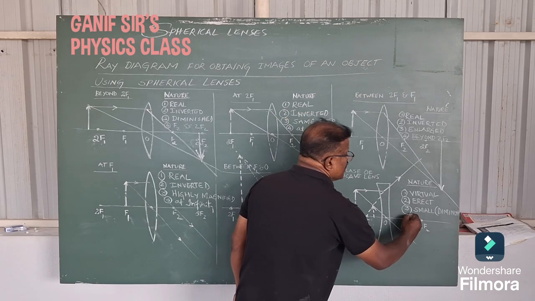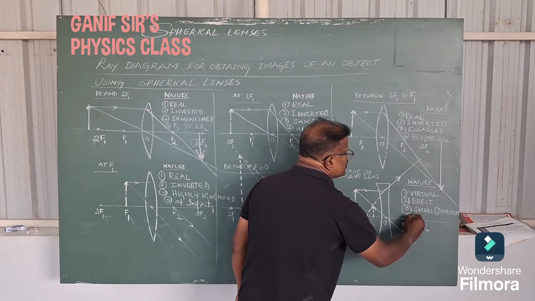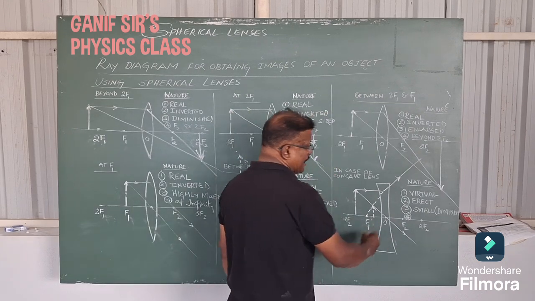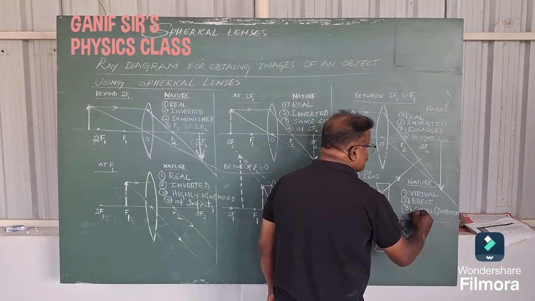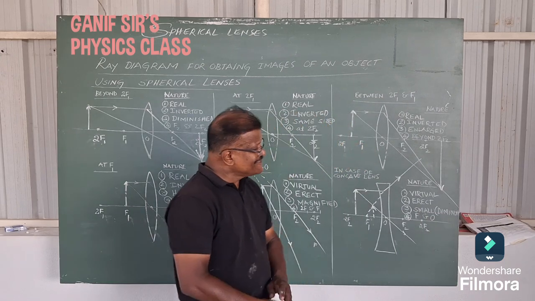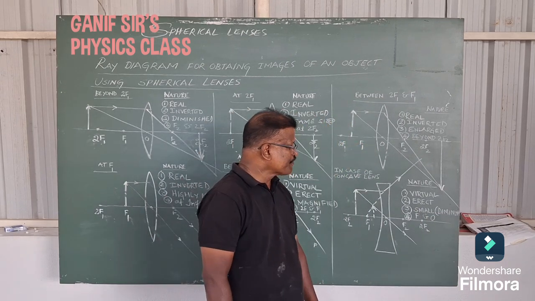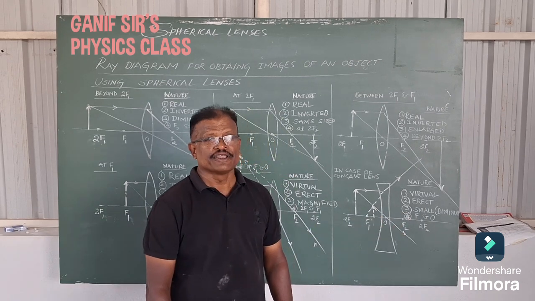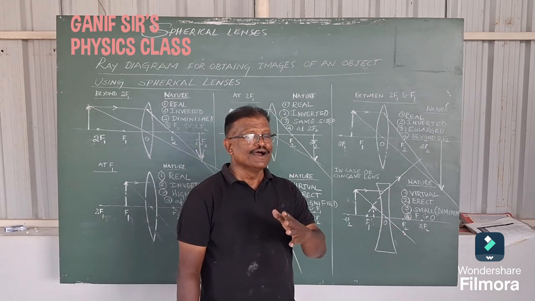Fourth one, regarding the position: the position of the image lies somewhere between F and O. So this is the nature of the image in case of a concave lens. Hope you understand.